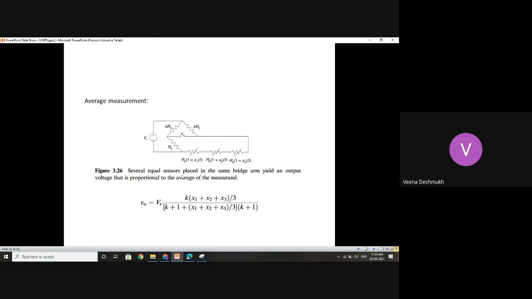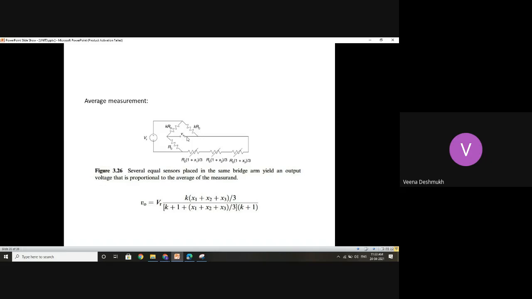So several equal sensors placed in the same bridge arm yield an output voltage that is proportional to the average of these three resistor variations. So the average of these three resistors is going to be present in this arm, and that variation is going to be sensed here by the deflection happening due to variation in the voltage.